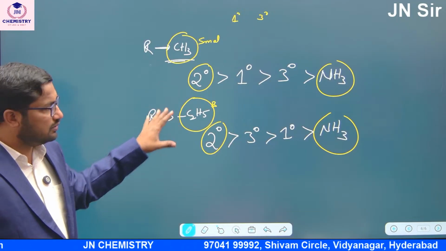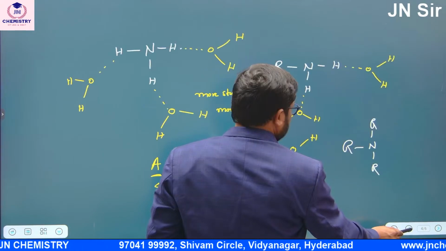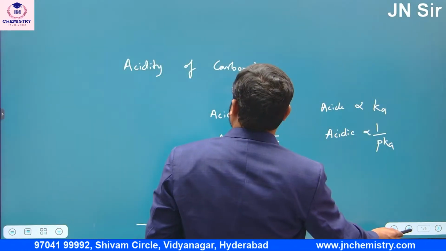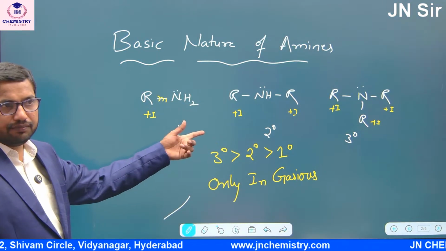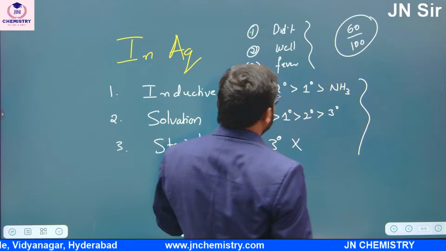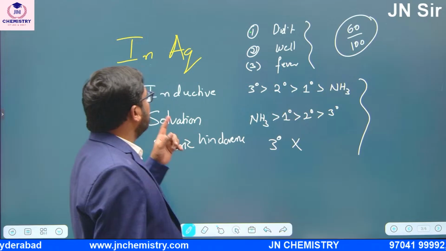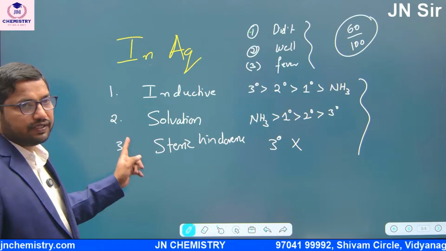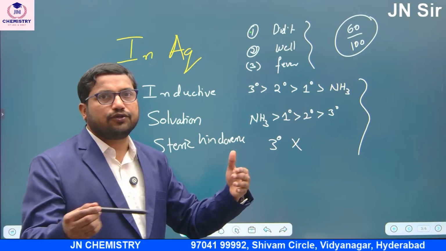Any doubts? So the only thing is, first I told you in the gaseous state, by basic nature in the gaseous state the order is 3 to 1, simple. But in the aqueous case, what exactly happens? In the aqueous case three factors are affecting: the inductive effect, the solvation effect and steric hindrance. The inductive effect is the same as it is, because plus I groups are increasing.